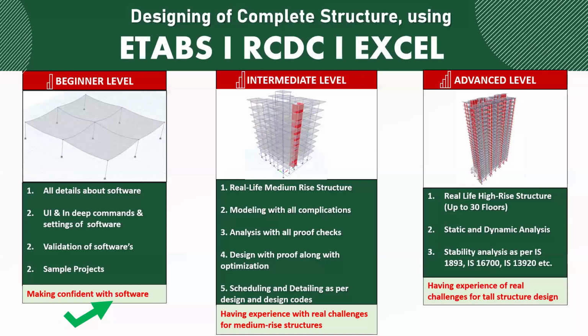The intention is that a person who completes this training program should not have any need in future to look at any other training program for the Etabs software, or any software for the designing of structures. That's why we have included all these 3 levels in one.